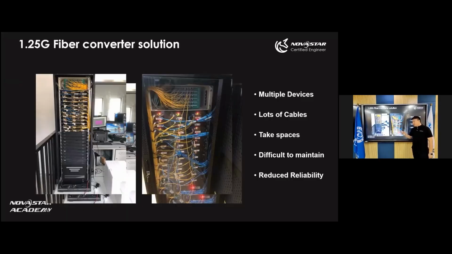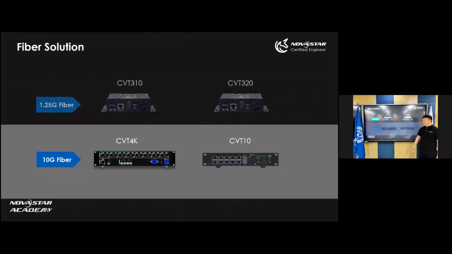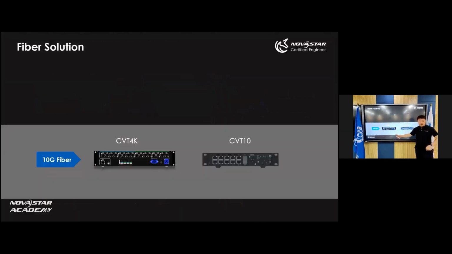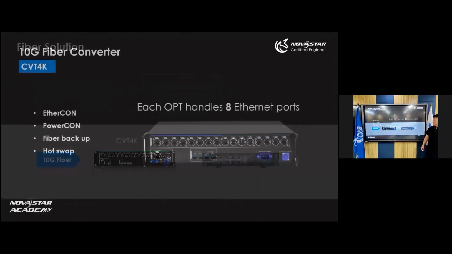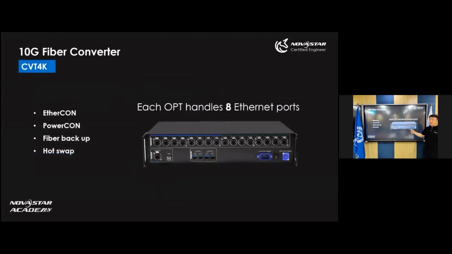Now, what if we use 10G fiber solutions, like the CVT4K or CVT10? For example, the CVT4K, some of you may have already used this in a project. The CVT4K is always used together with the MCTRL4K. It has Ethernet port and power port fiber backup and hot swap. So here, as you can see, we have the blue color and the green color.